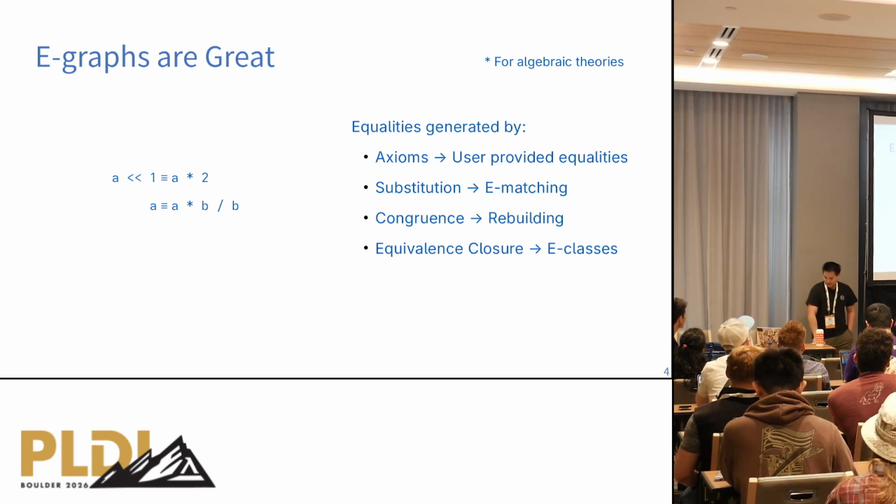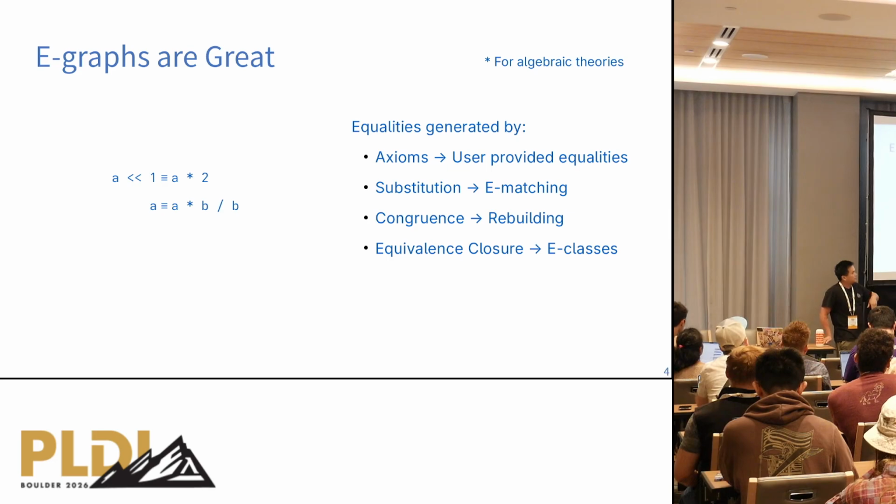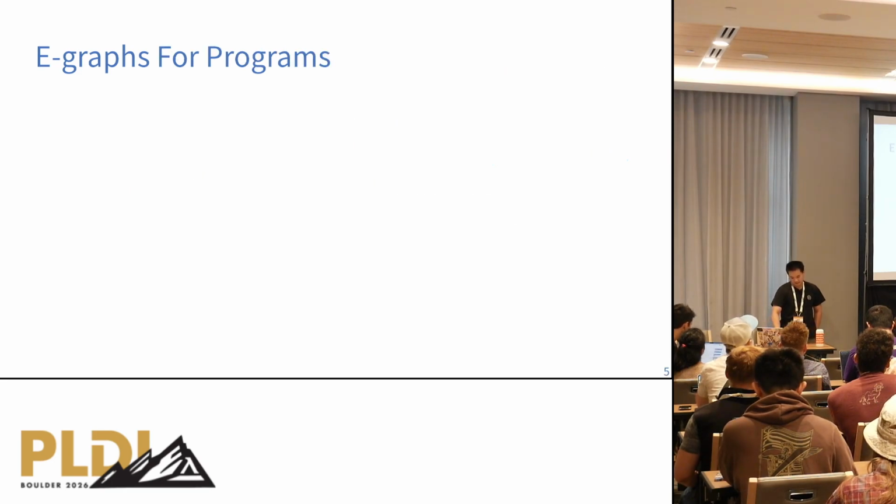And you will see a lot of eGraph operations work very well for these because they correspond to algebraic theories where axioms are user-provided equalities, substitution is defined by E-matching, congruence is by rebuilding, and equivalence closure is done by E-classes.